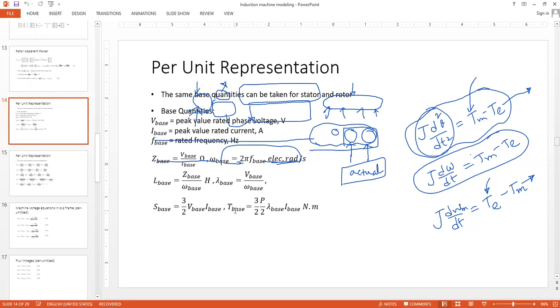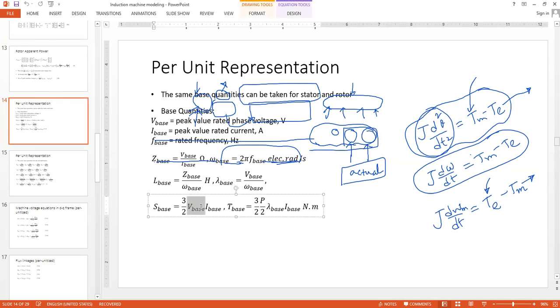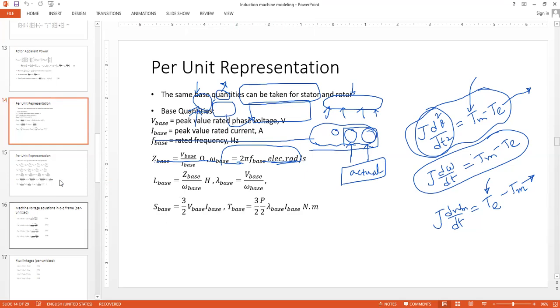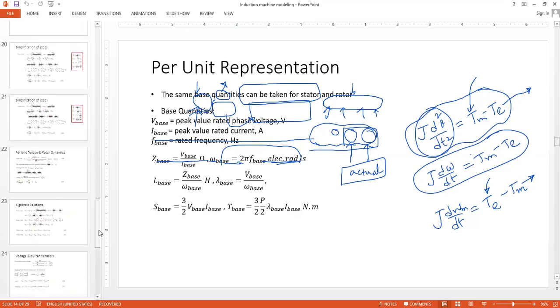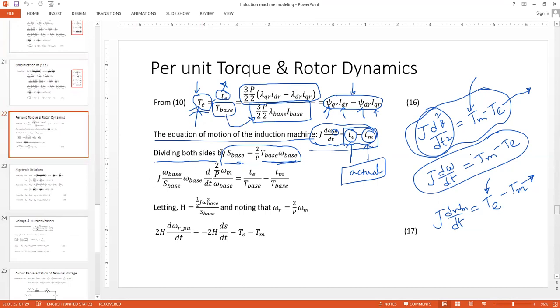They can be related with the help of a replacement. Either you replace V base by lambda base here, V base equals lambda base omega base, or you replace lambda base here by V base over omega base. Then you can clearly relate S base and T base. So using these three equations, lambda base equals V base over omega base, and S base and T base equal to this, you simply use these three and you can come up with the one mentioned here, S base equals 2 by P, T base omega base.